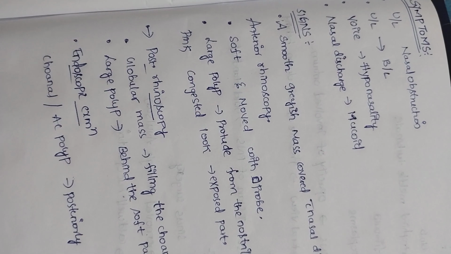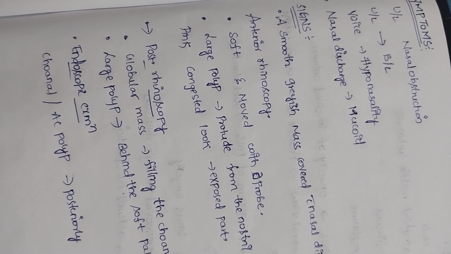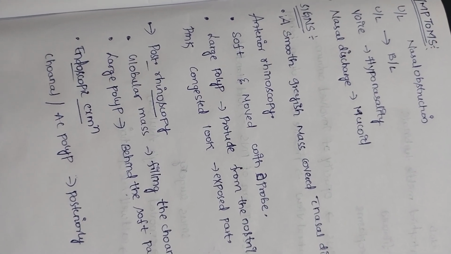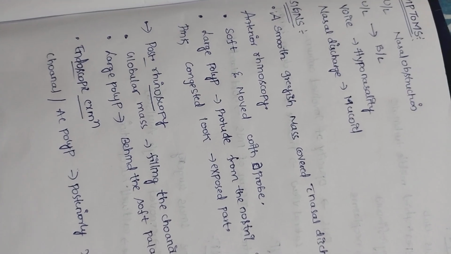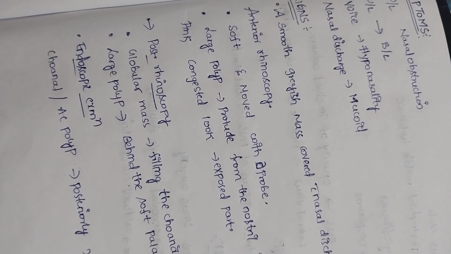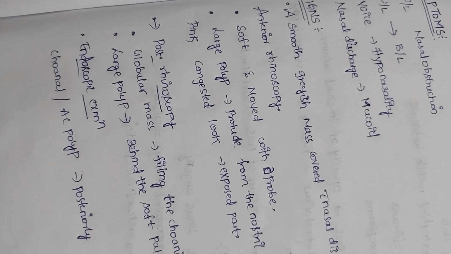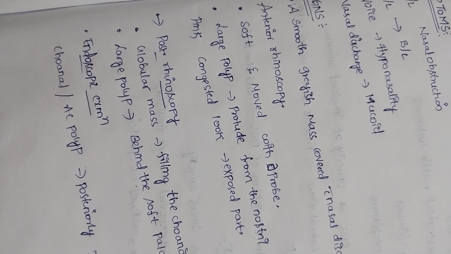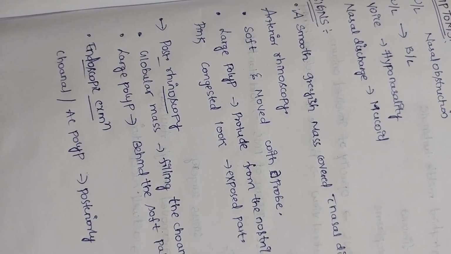Its consistency is soft, and with a probe it can be easily moved up and down. A large polyp will protrude from the nostril. The exposed part of the polyp looks pinkish and congested.